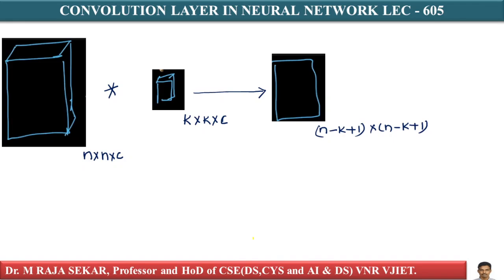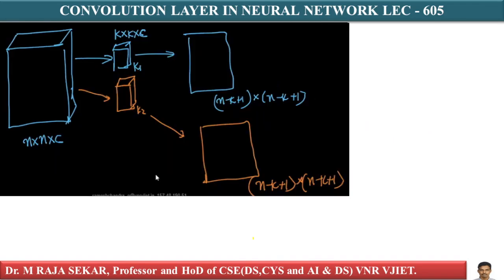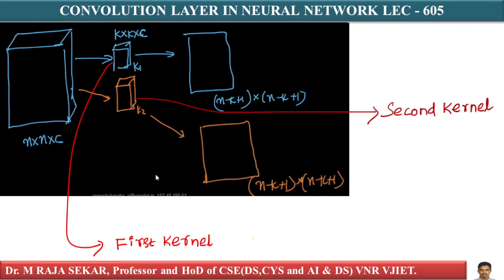Let's call this kernel K1. Instead of one kernel, if I have two kernels, K1 the first and K2 the second, the second kernel generates another image of size n minus k plus 1 into n minus k plus 1.